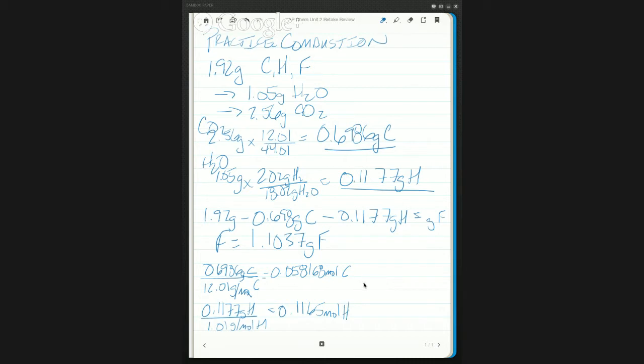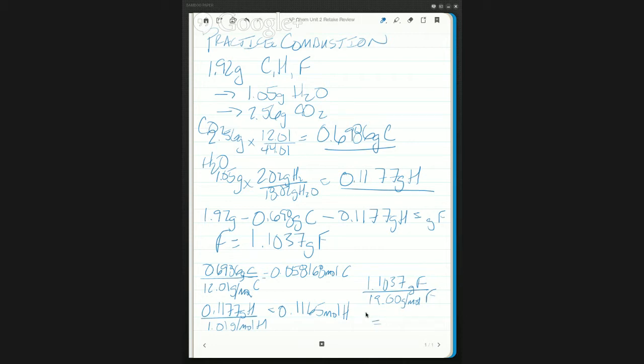And then last but not least, we have the fluorine, which is 1.1037 grams of fluorine divided by 19.00 grams per mole of fluorine.